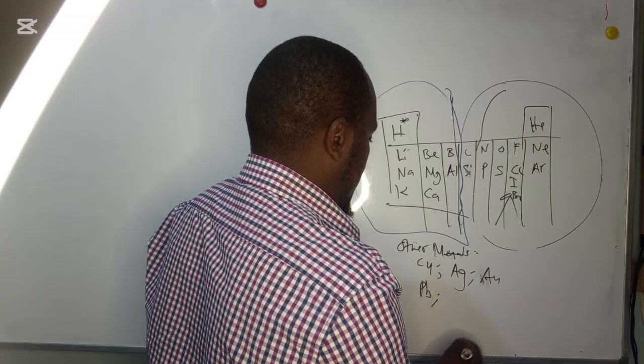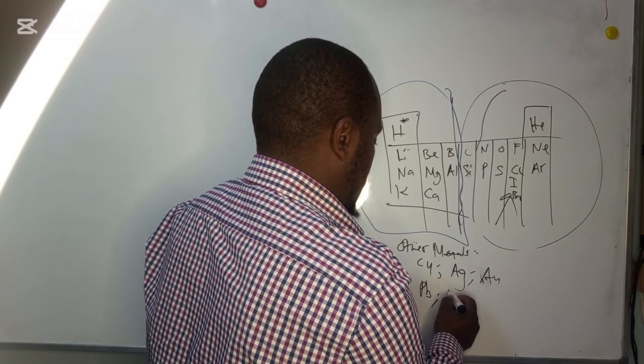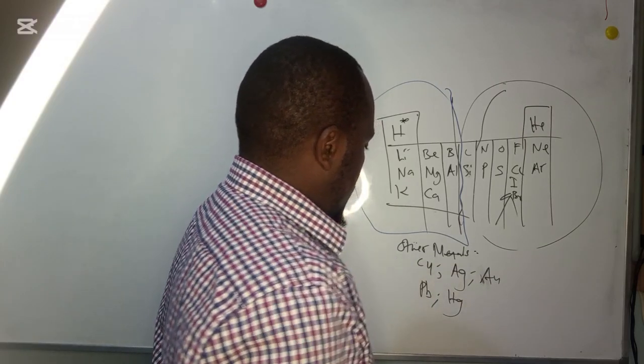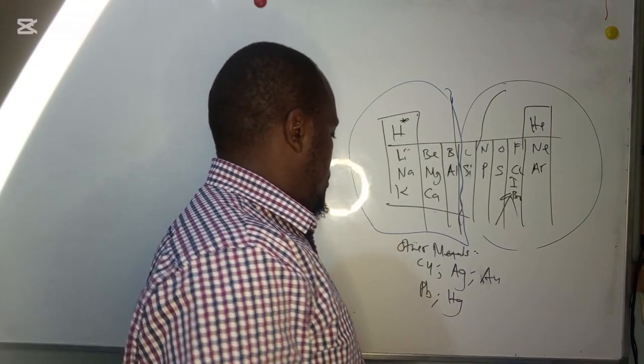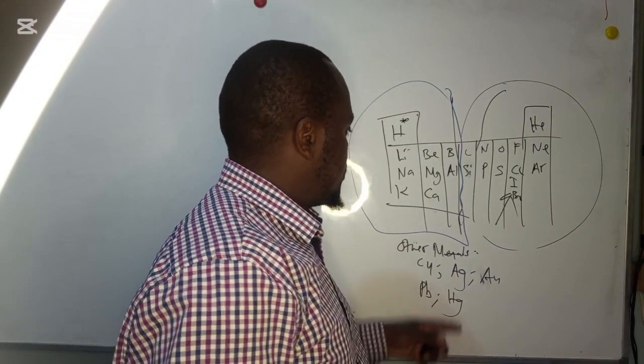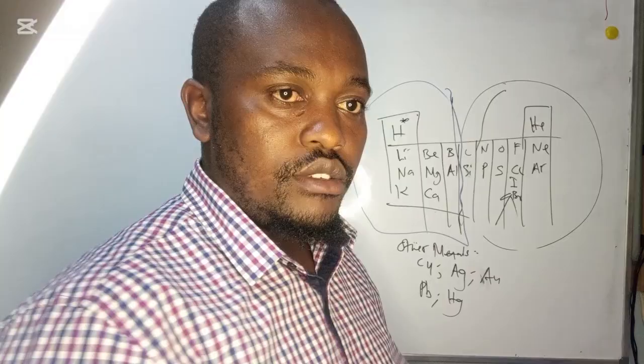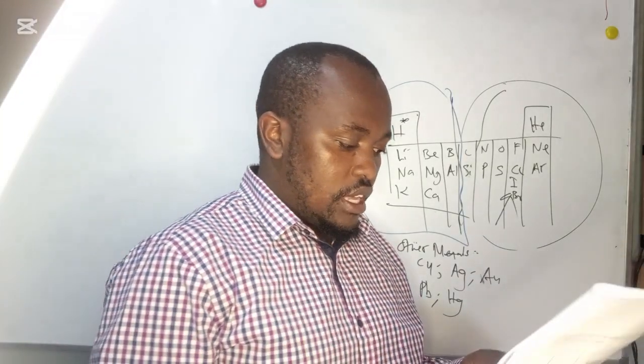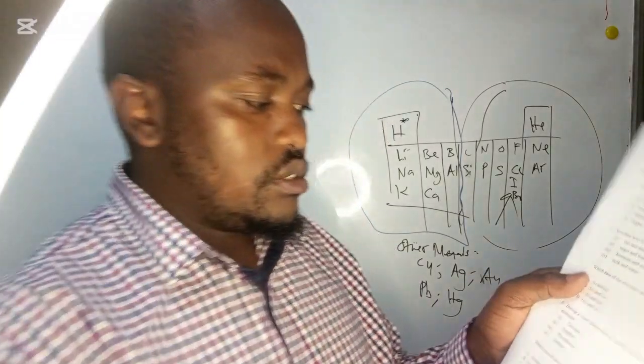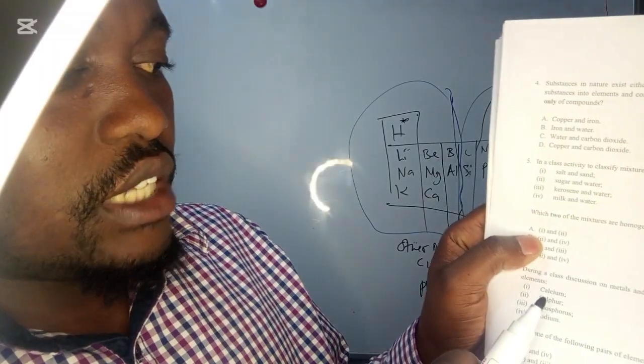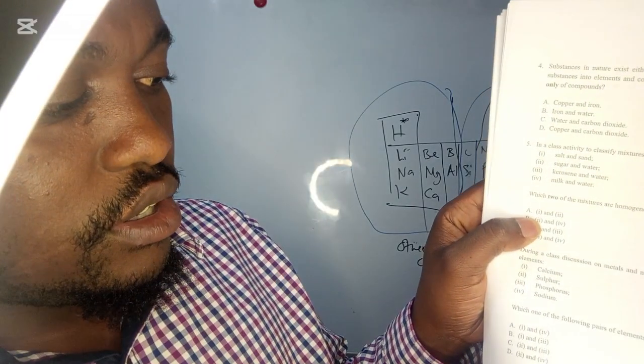You have mercury. Mercury is a metal, Hg. I think these are enough. So these are metals. You need to understand metals. So for this question, the correct answer was 1 and 4, which is A. A shows 1 and 4.